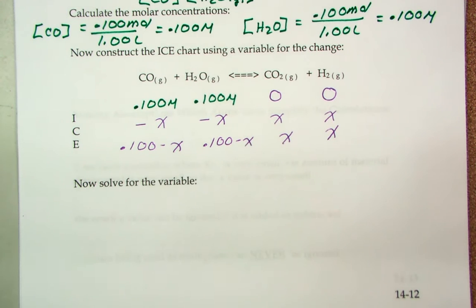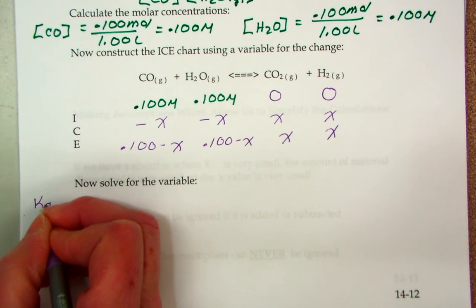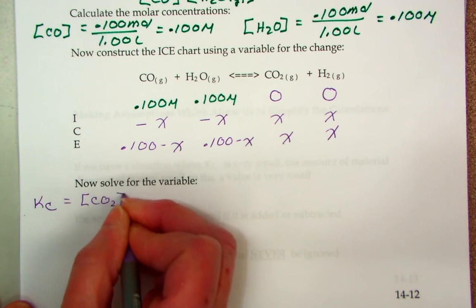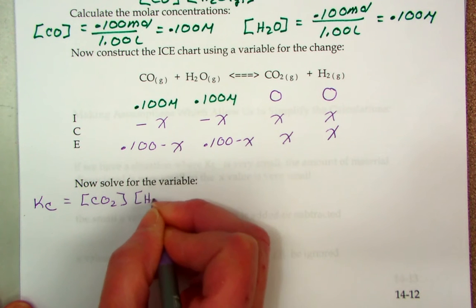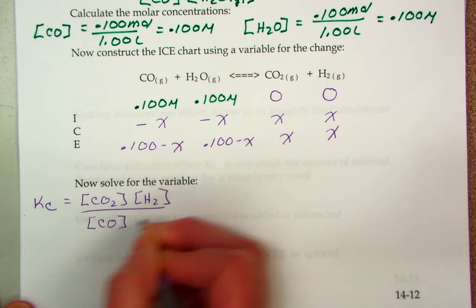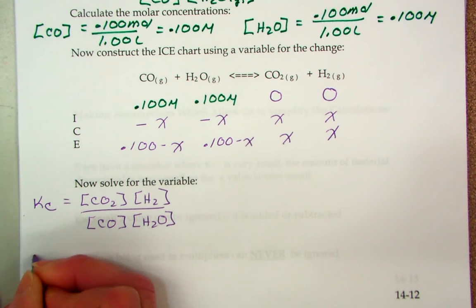So now I can set up my equation and solve. I know that my equilibrium constant Kc is equal to the carbon dioxide concentration times the hydrogen concentration divided by the carbon monoxide concentration times the water because it's a gas.